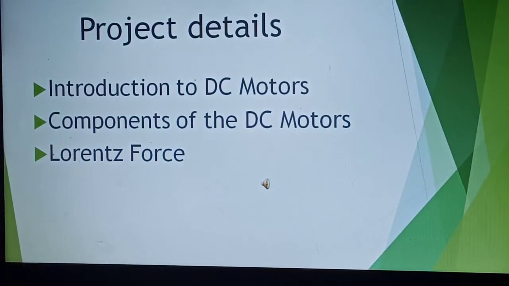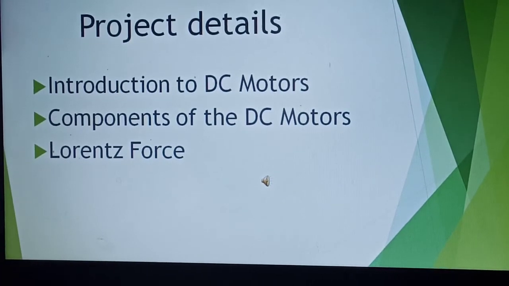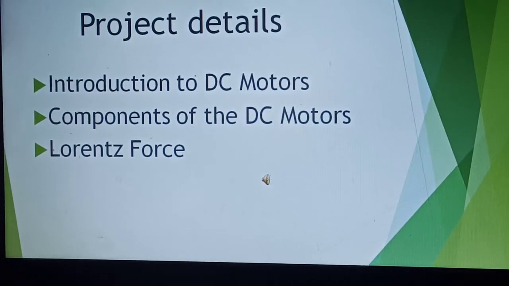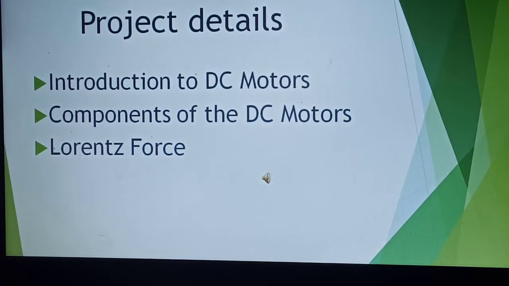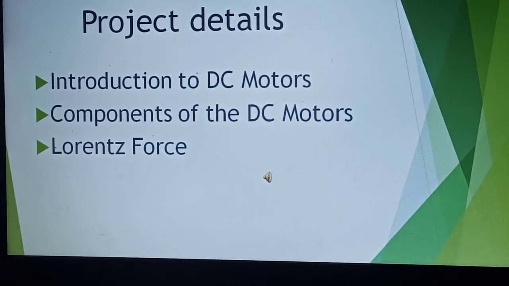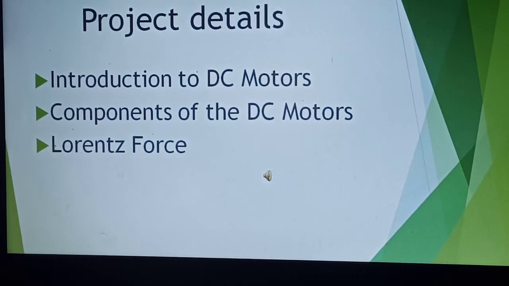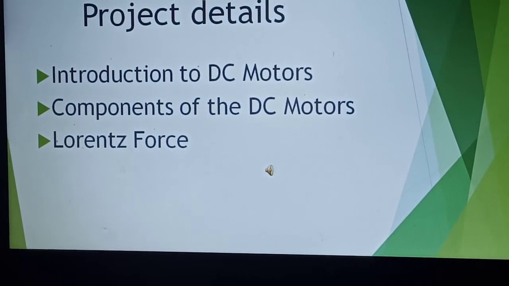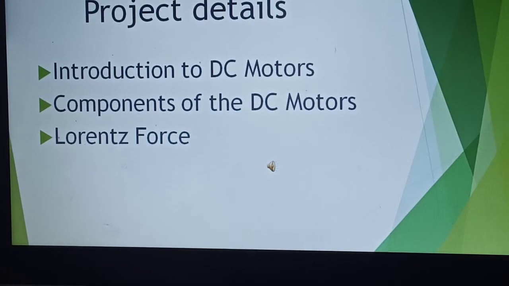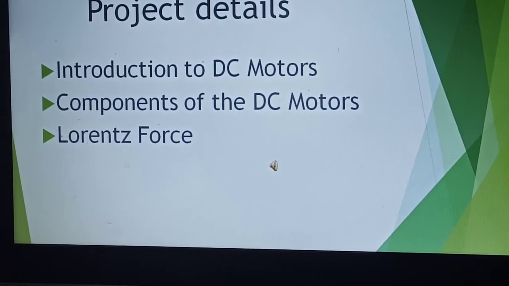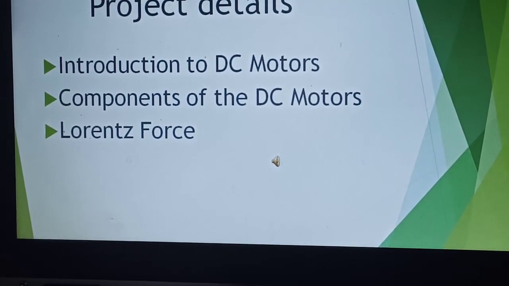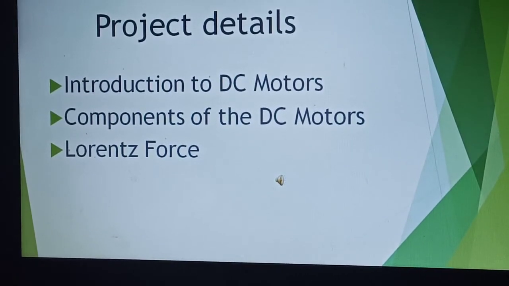Now we'll be talking more about DC motors. What are DC motors? As I've already told you, DC motors are motors in which we convert electrical energy to mechanical energy, but the input source is DC current. That is the definition of a DC motor. We must know the components in a DC motor.